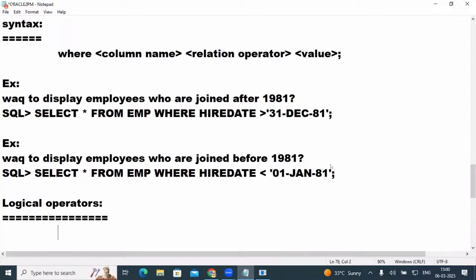Logical operators. Tell me, guys, in C, in Java, when do you want to use logical operators? When are we using the AND operator? To check more than one condition.